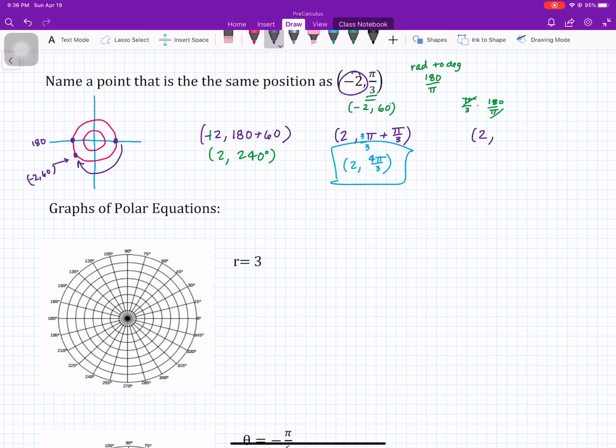Again, a lot of different ways that you could do it, but you need to realize that you're not going a full 180 this direction. You're going a little bit less than 180. So this would be 3 pi over 3 minus pi over 3, which would end up being 2 pi over 3. And again, be aware you rotated this way. So that would be negative 2 pi over 3.